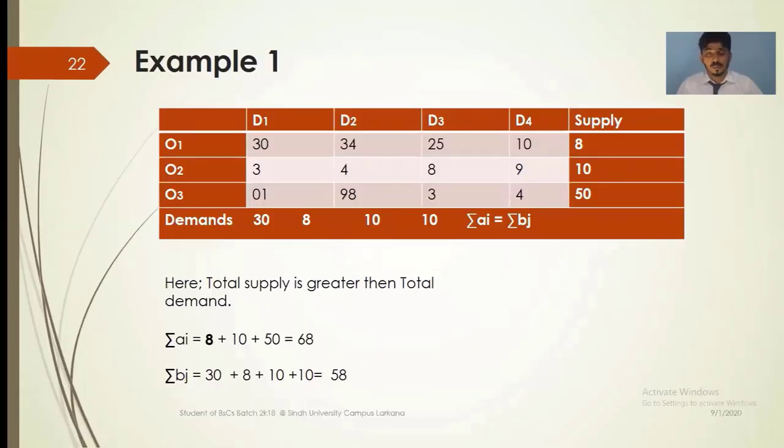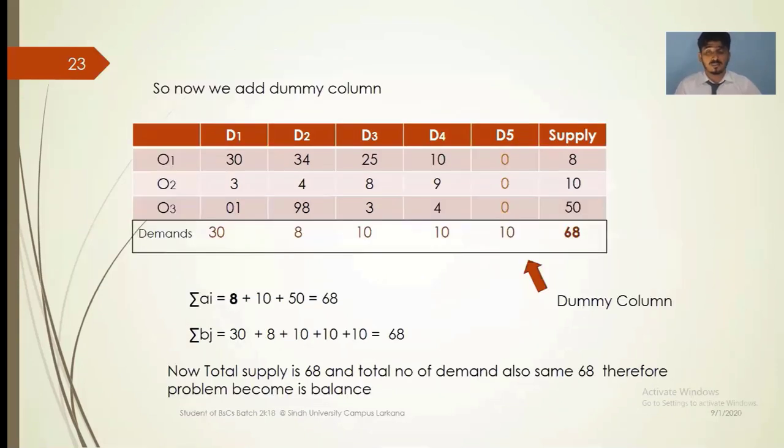So this is an example. Here total supply is greater than total demand, so now we add a dummy column. This is the dummy column D5. Now the total supply is 68 and the total demand is also 68.